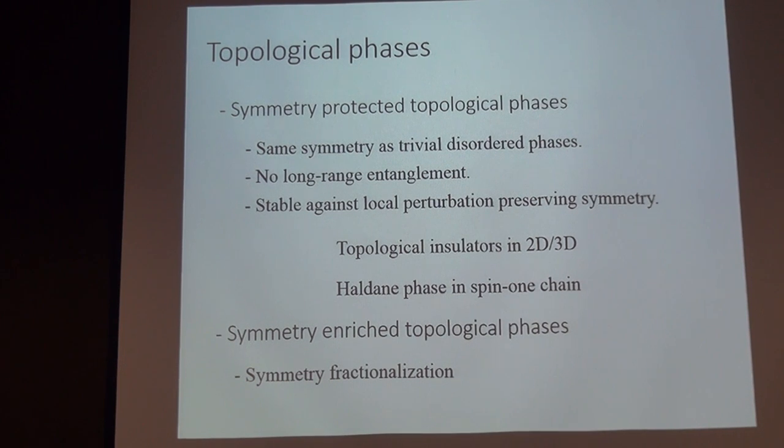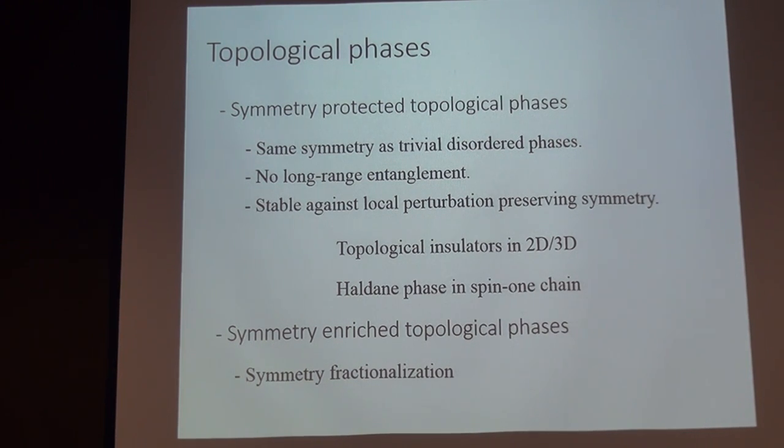So in the bulk, there's no fractional statistics. And also, it's stable against local perturbations preserving symmetry. Examples are topological insulators and the Haldane phase in the spin-one chain.